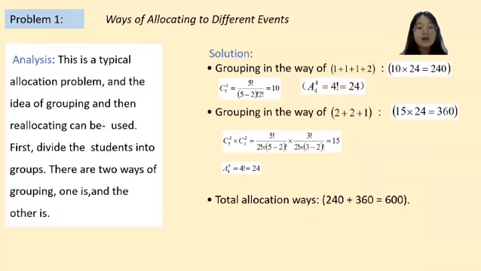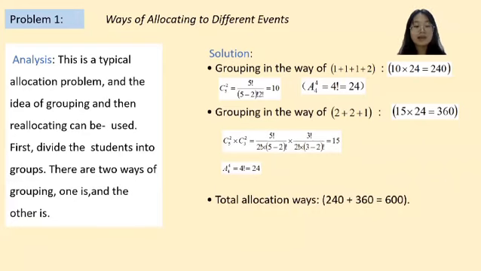Let's look at the 1 plus 1 plus 1 plus 2 grouping method first. We select 2 students from 5 to form a group, and the remaining 3 students form separate groups. According to the combination formula, we can calculate the number of ways of selection.